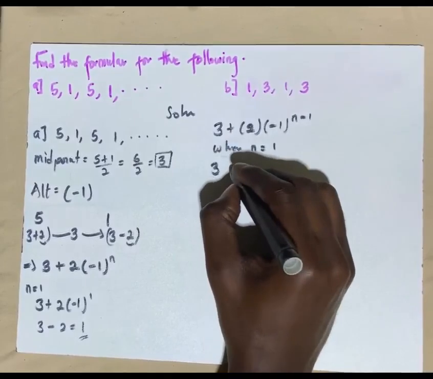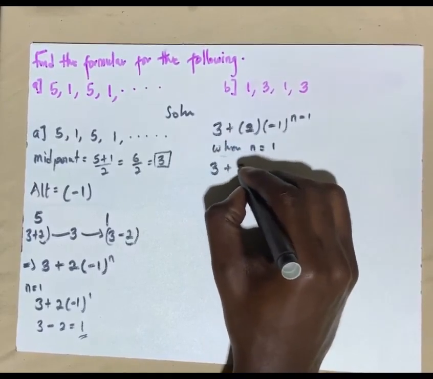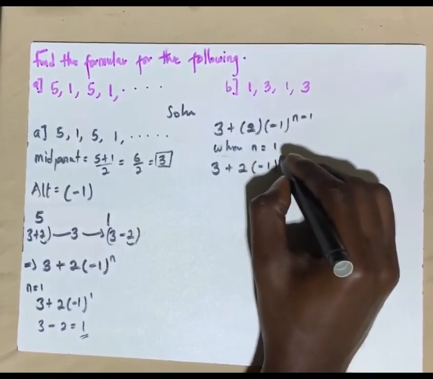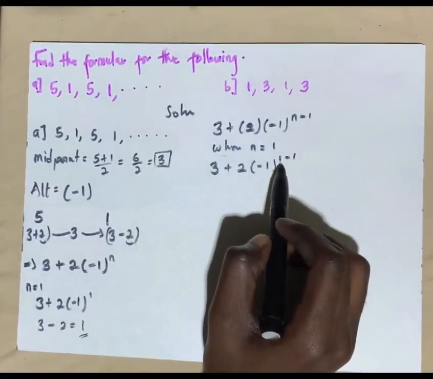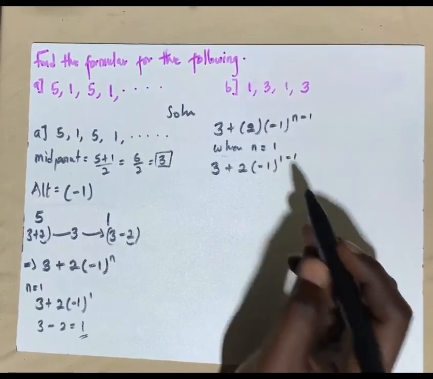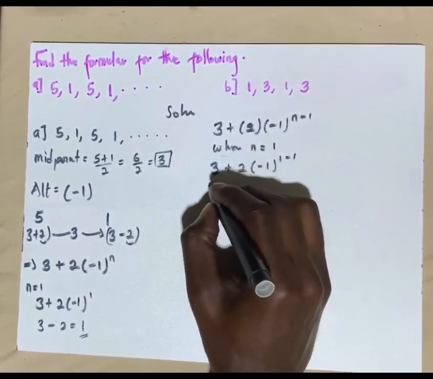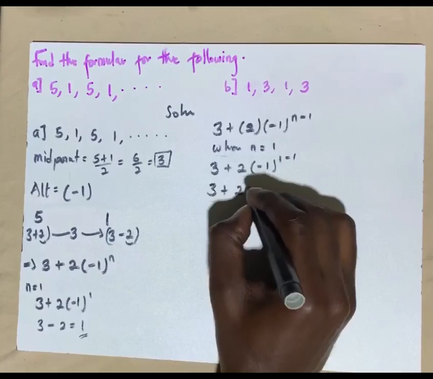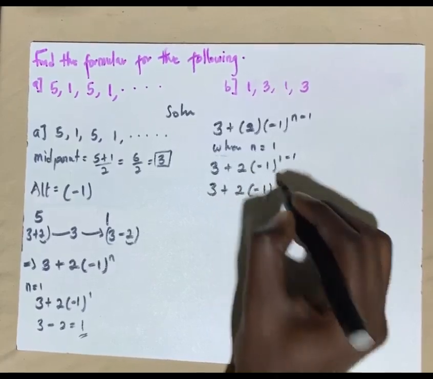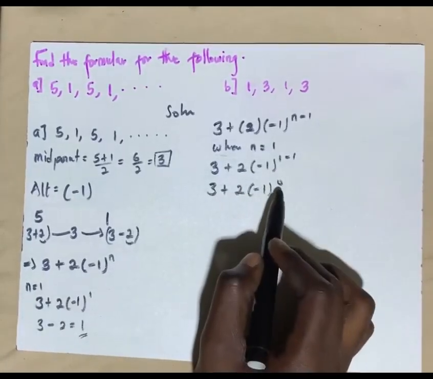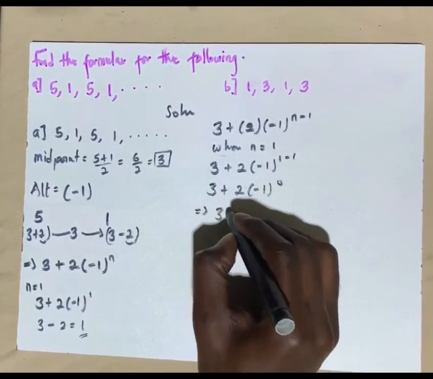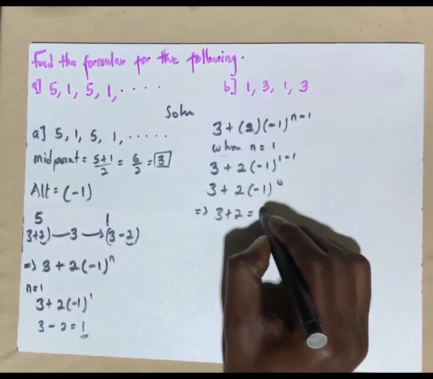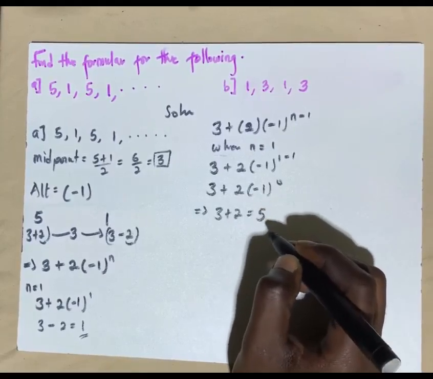We are going to get 3 plus 2 times negative 1 to the 1 minus 1, because when n is equal to 1, we substitute 1 over there. And what is going to be our final answer? We are going to get 3 plus 2 times negative 1 exponent 0. Any number exponent 0 is going to give us 1, which means automatically 3 plus 2 is going to give us 5.